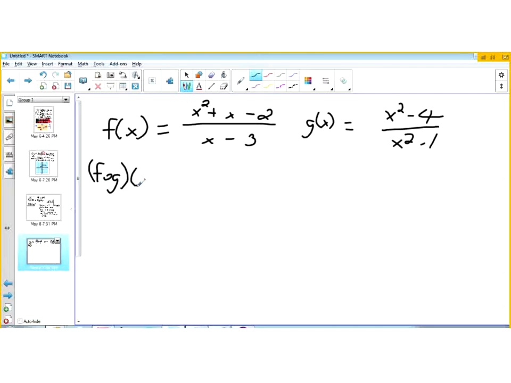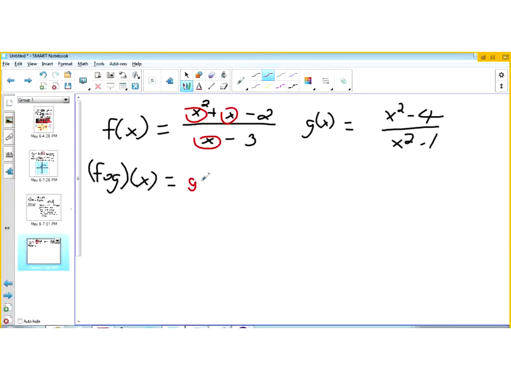And so the rule is, very simply put, wherever we see an x in f of x, we just replace the x's, which I'm circling in red here, with g of x.